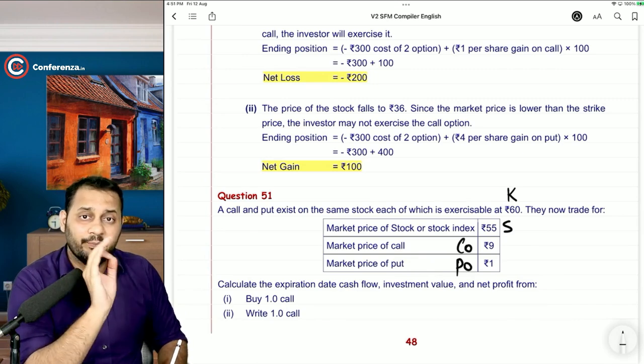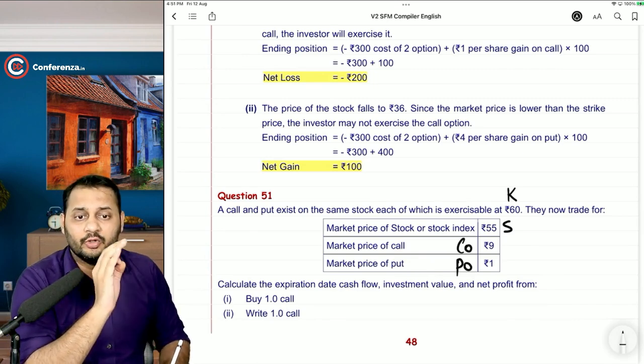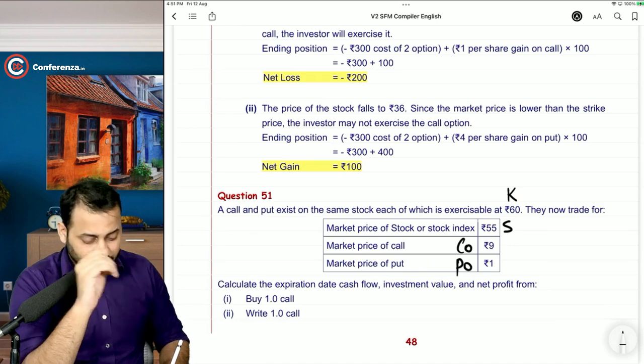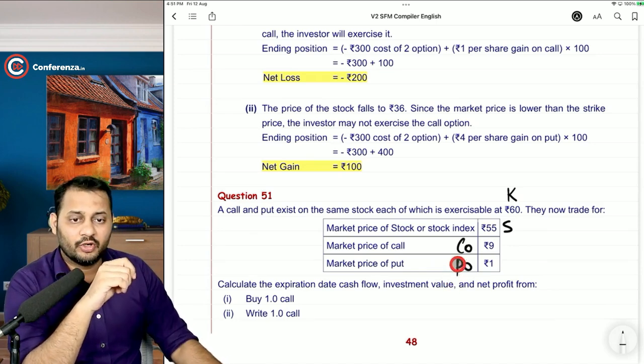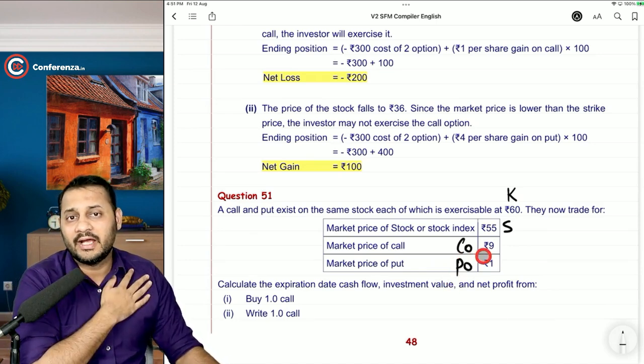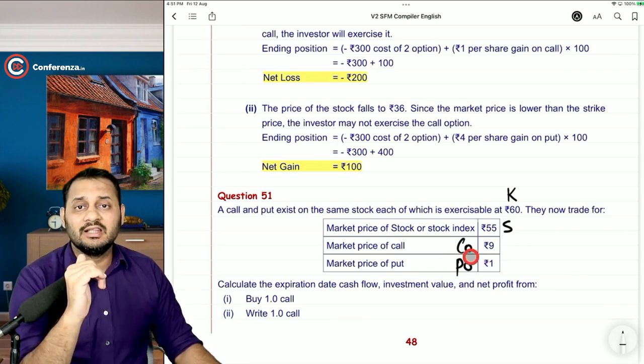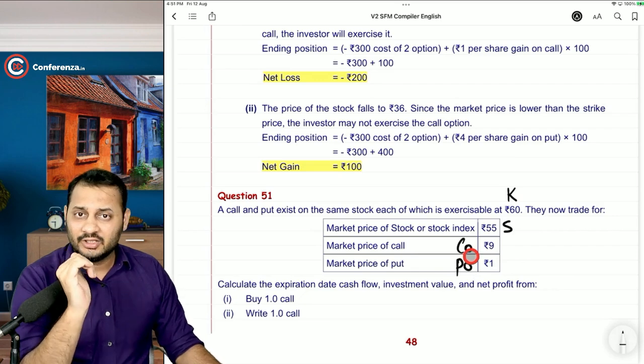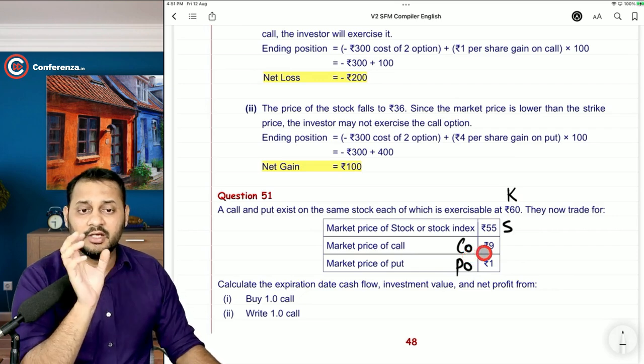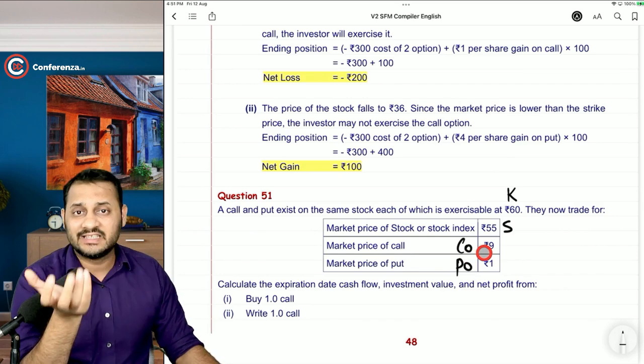This is called the premium that you have to pay to buy the call and put option. So if you buy the call option, you will have to pay a premium of 9 rupees, to the one who is going to sell the call option. If you buy the call option, you pay the premium. If you sell the call option, you receive the premium.